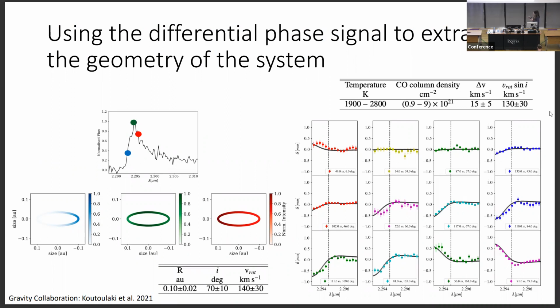And why I show you this is because the CO doesn't behave like a normal line, though we have the Brackett gamma line, where we have a blue shifted part, the peak, and then a red shifted part. And we have basically a better separation of the velocity. But here we can see that on the blue shifted part, we actually have most of the emission on one part of our ring here.